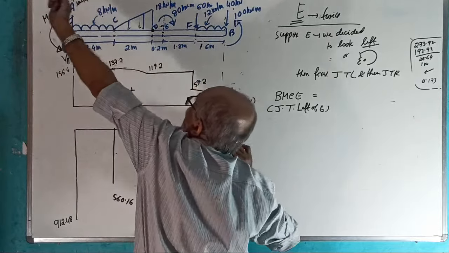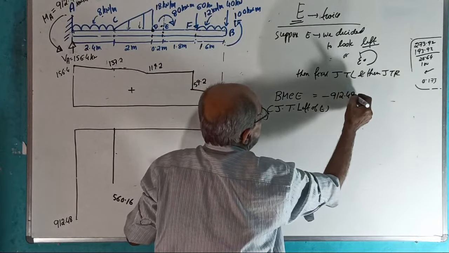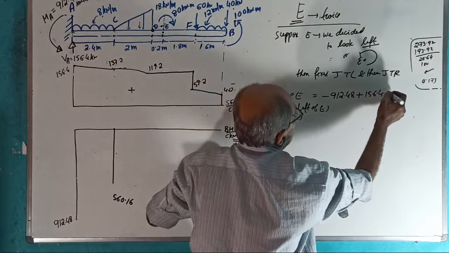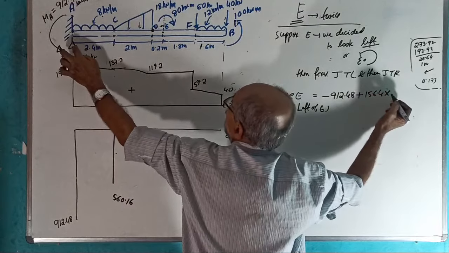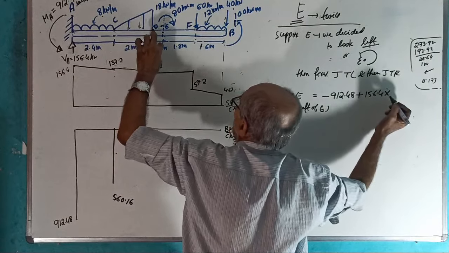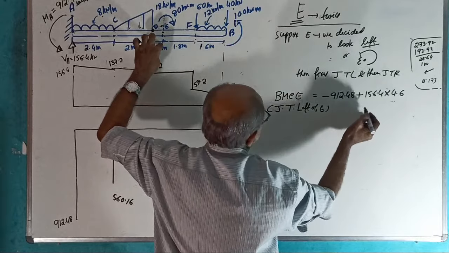Therefore, answer minus 912.48 plus 156.4 into 2.4 plus 2 is 4.4. 4.4 plus 0.2 is 4.6. Correct? 4.6.